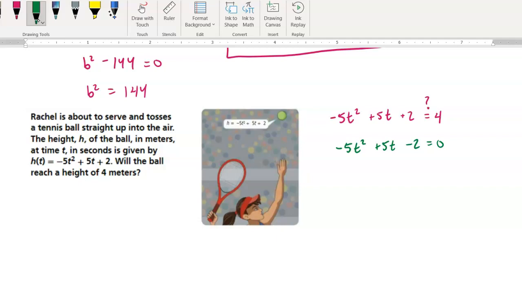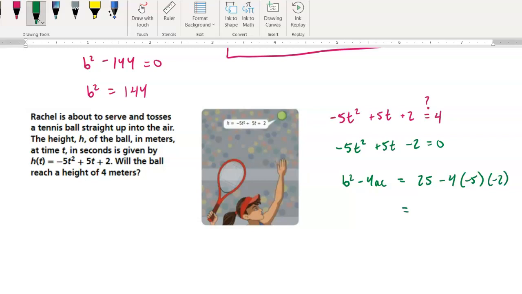Now the discriminant, what that's going to tell me is, will it reach a height of 4 meters? I'm going to look at the discriminant now to see if the discriminant will give me a value that's equal to 0 or not. And so when I do that, the discriminant, b squared minus 4ac, b is 5, so I'm going to write it as 25, minus 4 times a, which is -5, times c, which is -2.